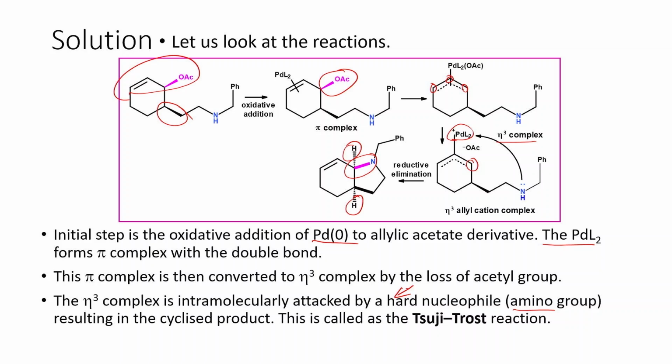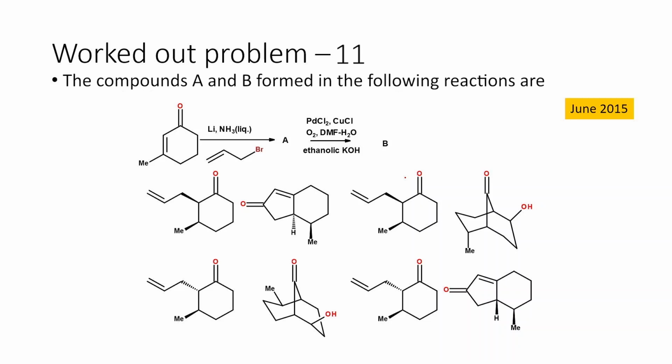The hydrogen atoms are below the plane, and the substituted methylene group and the nitrogen both are above the plane. So this reaction is called a Tsuji-Trost reaction. And the last step, the reductive elimination, is the one which leads to the final product. Let us move on to the next problem.